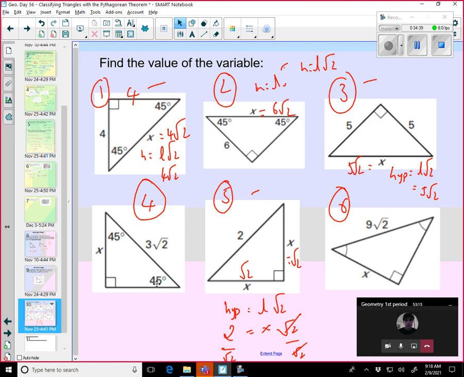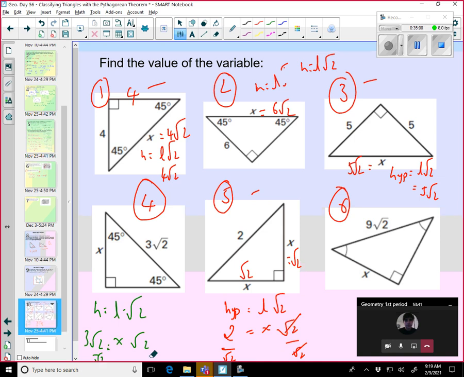Let's try the fourth one. We'll use a different color for 4. We have been given the hypotenuse, and they are asking us the value of x. The hypotenuse is leg times root 2. I have the hypotenuse as 3 root 2. Let's call the leg x. Dividing by root 2 on both sides, I get x as 3.